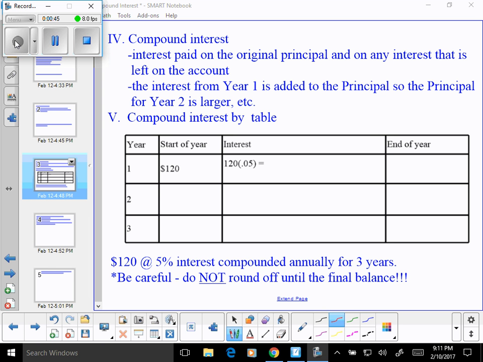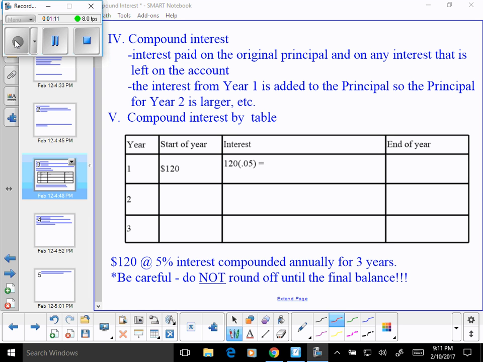The first method that the book wants you to review and to work with is using a table. Now, the hardest part about this is they don't give you a whole lot of space, and secondly, they do not round off until the final balance. So some of your numbers in some of these blanks are going to get pretty long because they keep all the decimals.